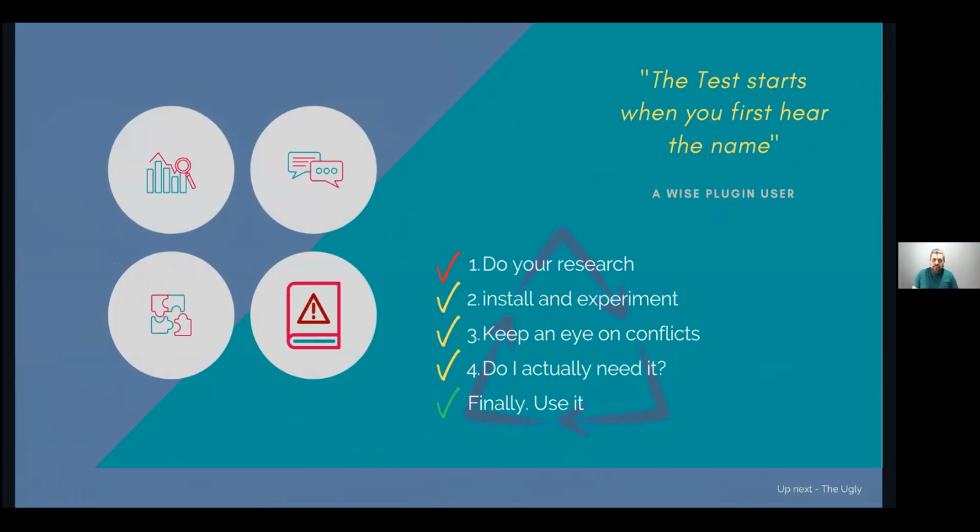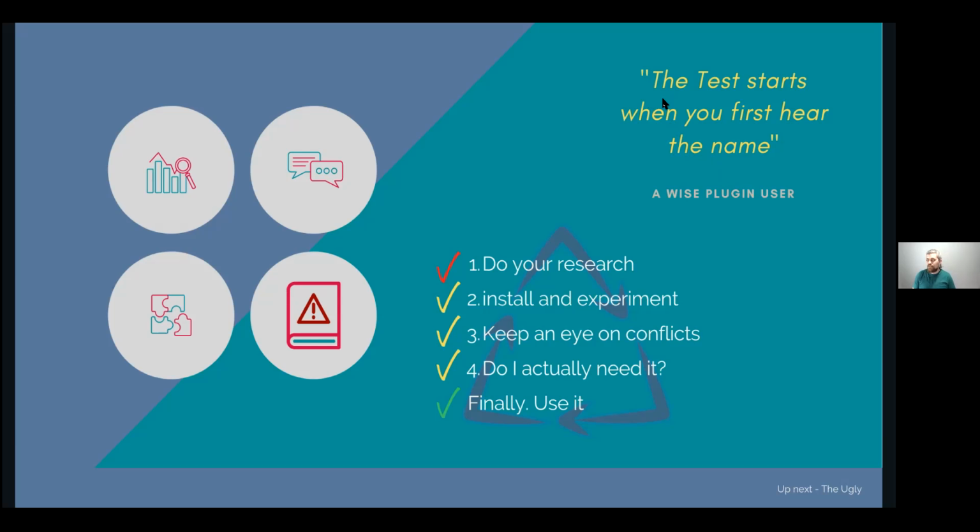So, the testing cycle, and a good reason for calling it a cycle is that this is an ongoing process. It starts by, and this is very much our personal recommendation, not by any means a standard, but this is how I would do it on my website, and how I believe a hypothetical wise plugin user would do it.